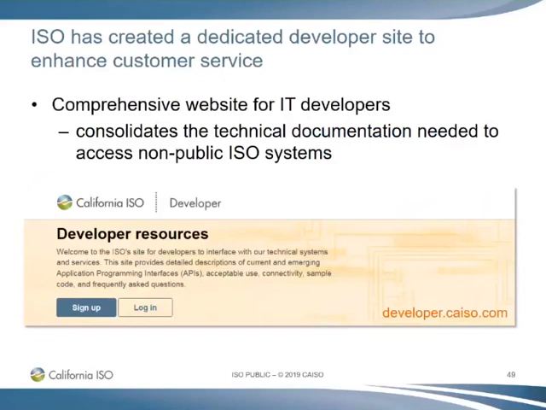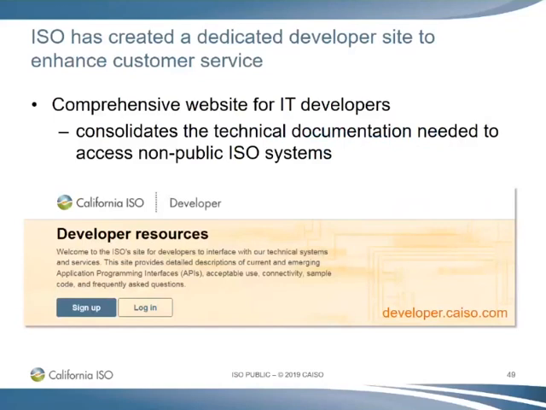In order to enhance customer service and simplify doing business with the ISO, we provide a comprehensive website for IT developers that consolidates the technical documentation developers need for the ISO's application programming interfaces, or APIs. Developers can find connectivity instructions on this page as well.